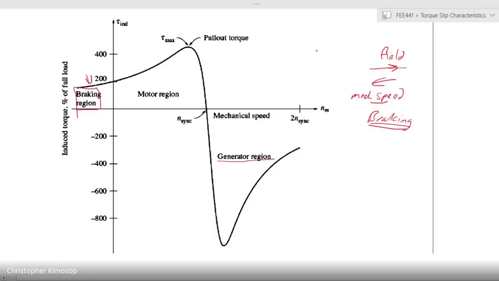In normal operation, the field and the mechanical are moving in the same direction, albeit at different speeds, but they are in the same direction. Under braking, we have them in opposite directions. Just think about how you would be able to achieve that, right?